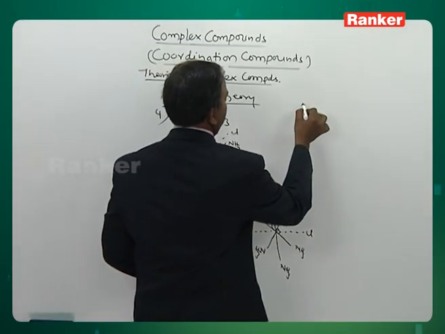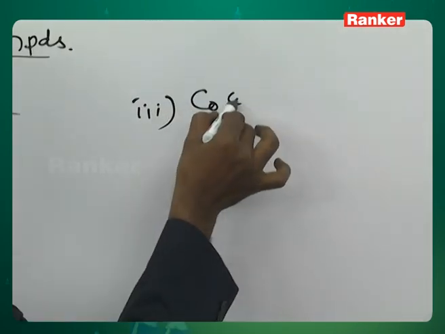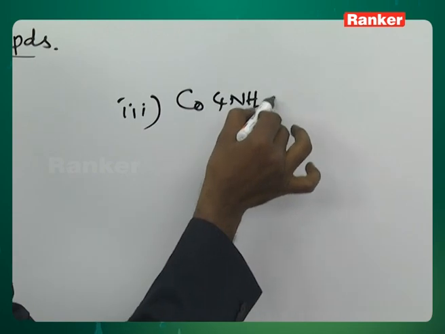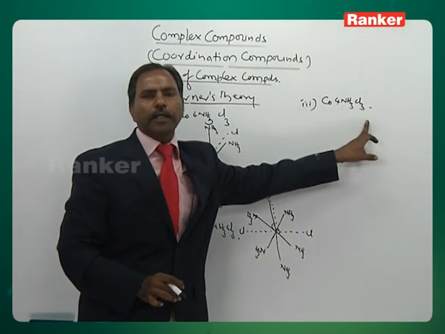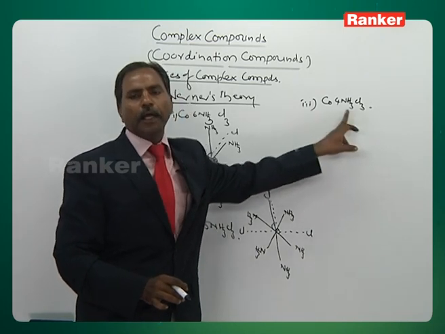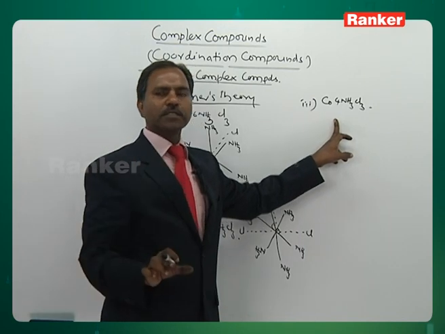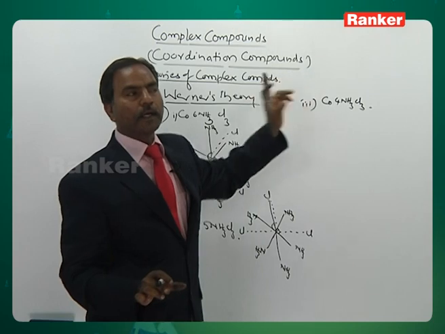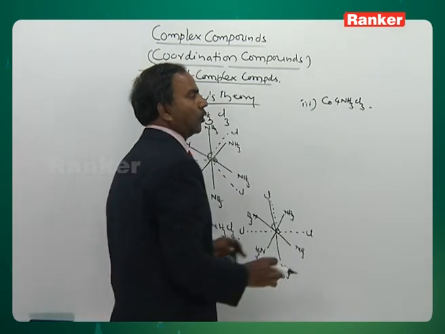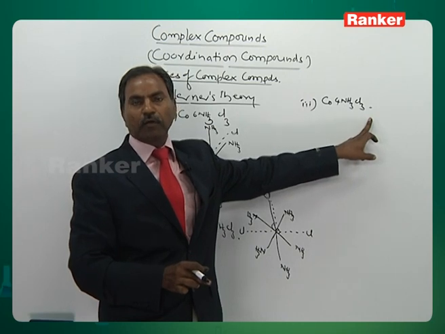See, the third complex I am showing, the third complex, you see CoNH3 4 Cl3. Look at this complex. Cobalt oxidation number is +3 and primary valence is 3. If primary valence is 3, secondary valence is 6, well known to us. In this, 4 amine ligands are there, but secondary valence should be 6.